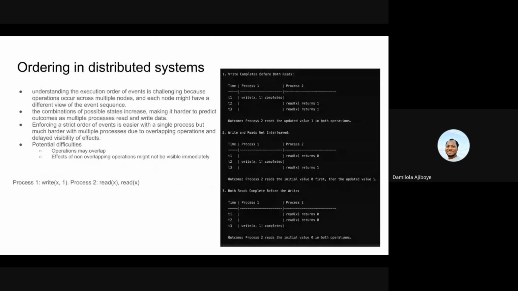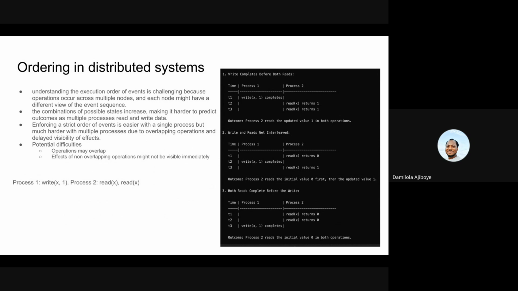Now let's look at ordering in distributed systems. This is just stating that defining the order of operations in a distributed system is very difficult, and it's similar to what you see when you look at concurrent programs that have multiple threads and race conditions.